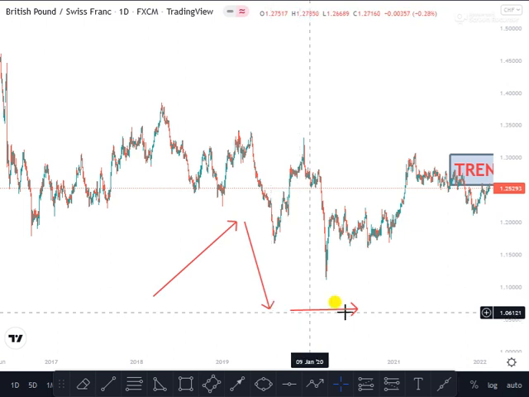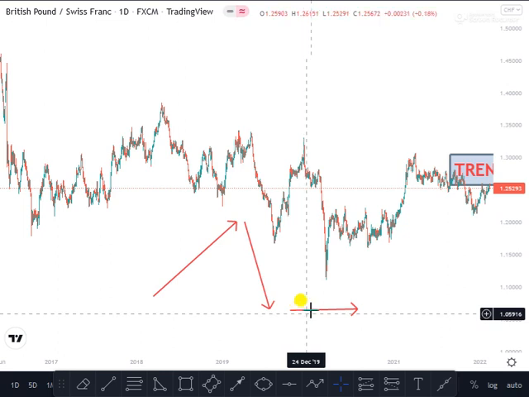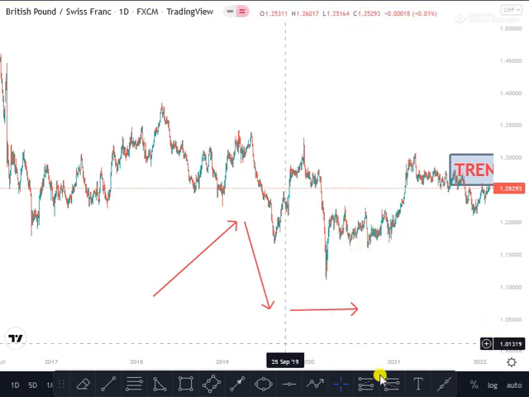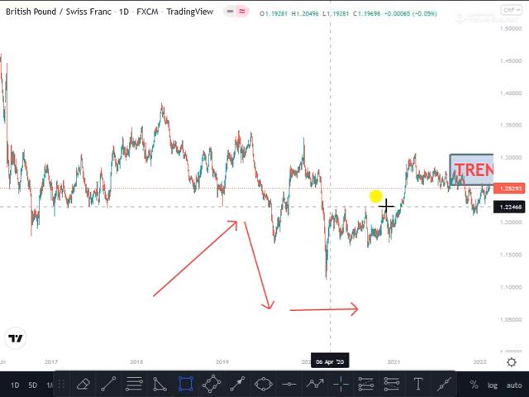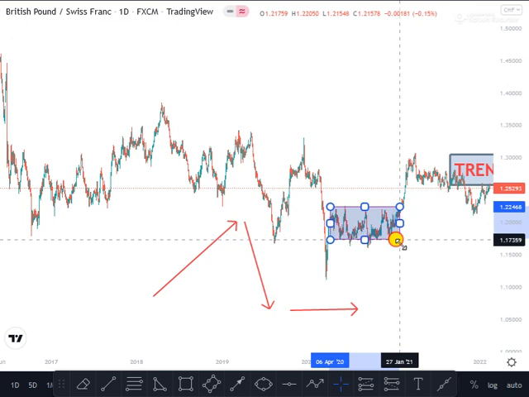And when you have it like this, it is just what we call a nightmare for traders. It is neither going up nor down. It is just within this range.